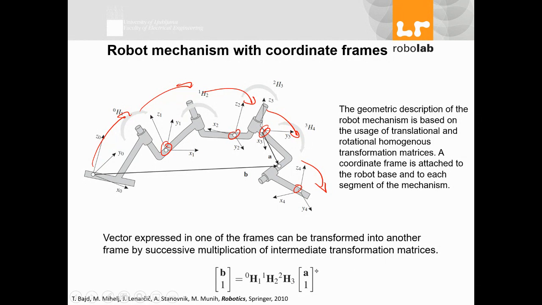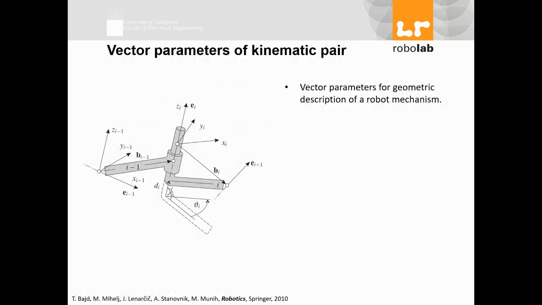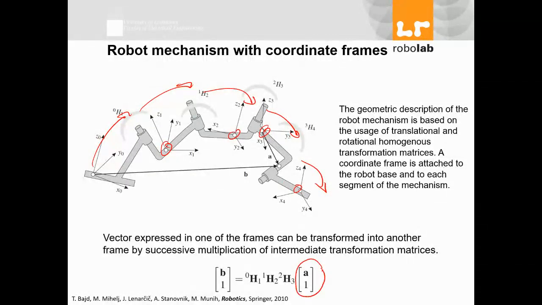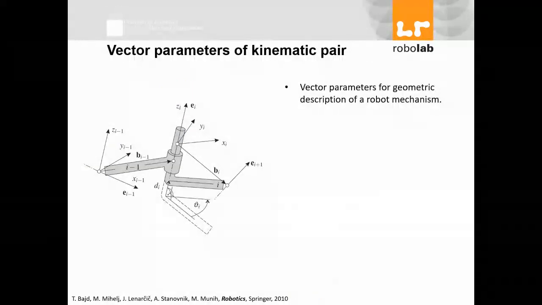Okay, so if I have the address or location of one point, I can change it to the address or location of that point in another coordination system using these transformation matrices multiplied one after each other. Okay. So these parameters are what we have now as parameters. Let's look back on what we have.